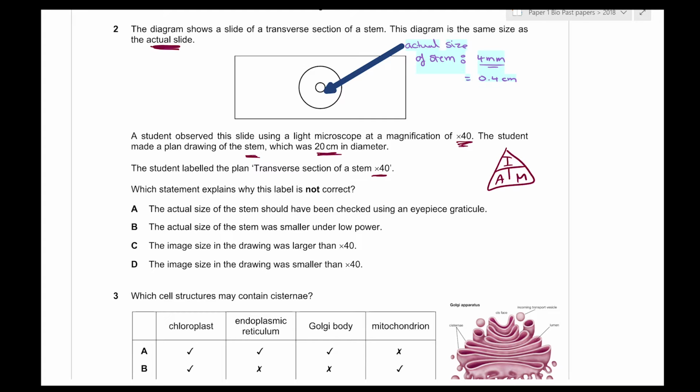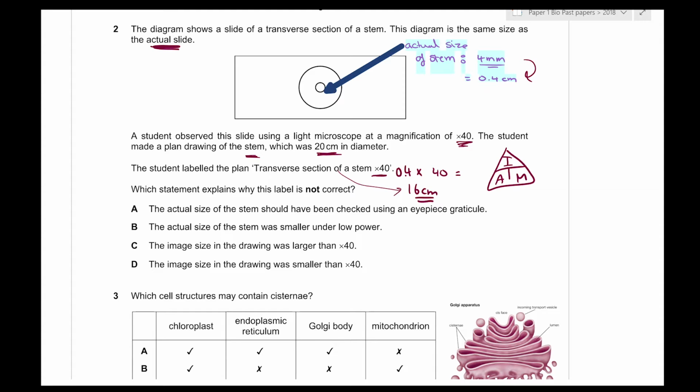What we do is we multiply the actual size by the magnification, and the actual size from millimeters converted to centimeters is actually 0.4 multiplied by the magnification, which is 40. This gives us 16 centimeters. Therefore, this means that the calculated size is actually smaller than the one that the student drew.